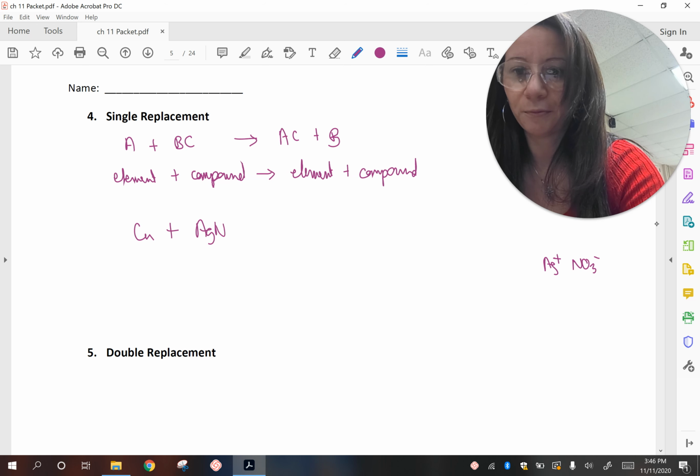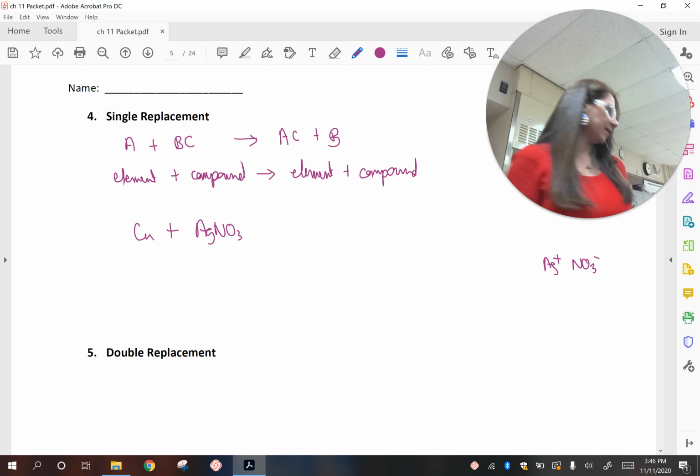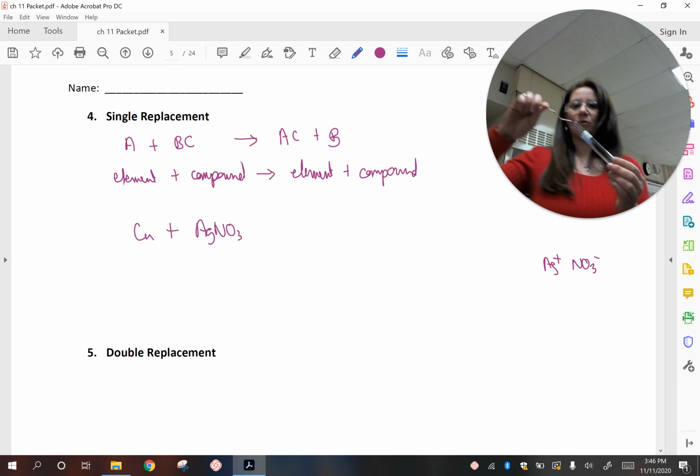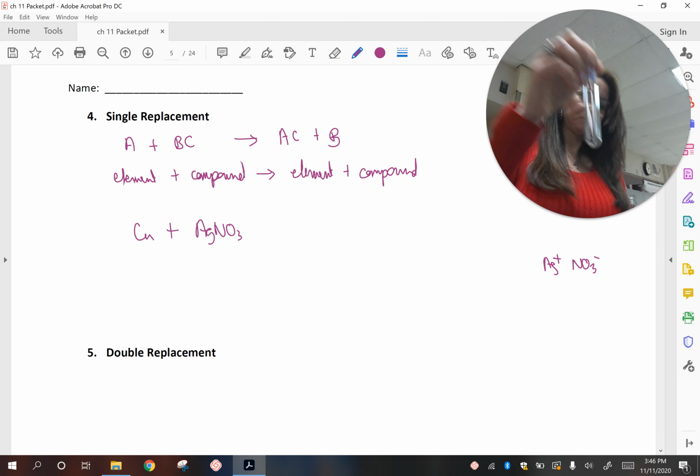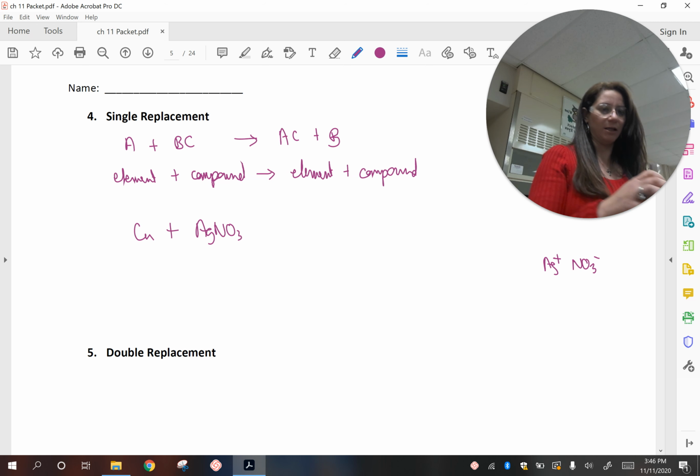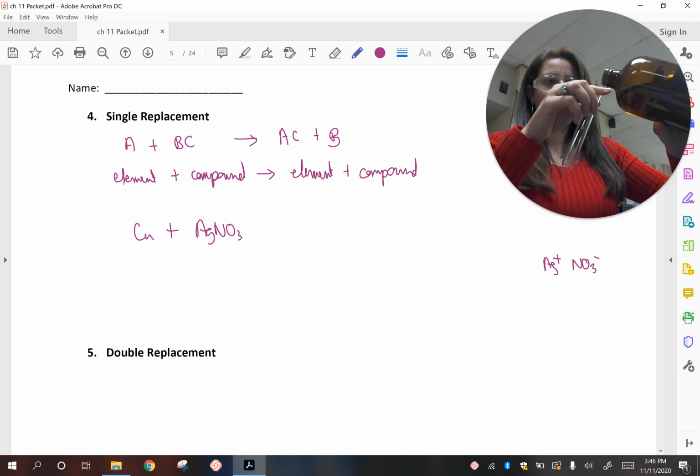So AgNO3. Now this is a solid, but I have it dissolved in water. So I'm going to put my copper in a test tube right here. And I'm going to add my silver nitrate.